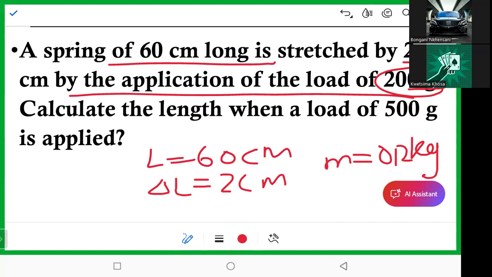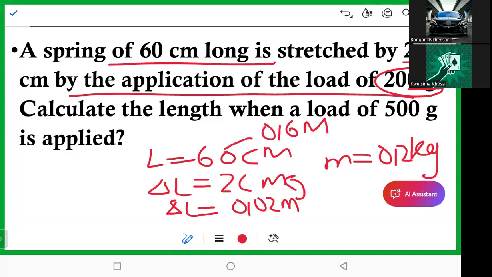They are looking for change in length. So the change in length is going to be 0.02 meters, you convert that. And then this one will be 0.6 meters.